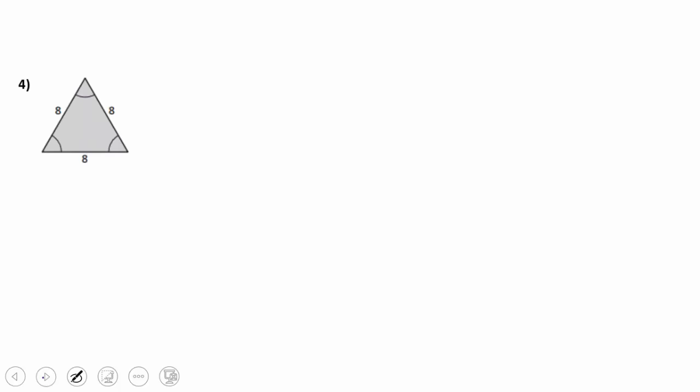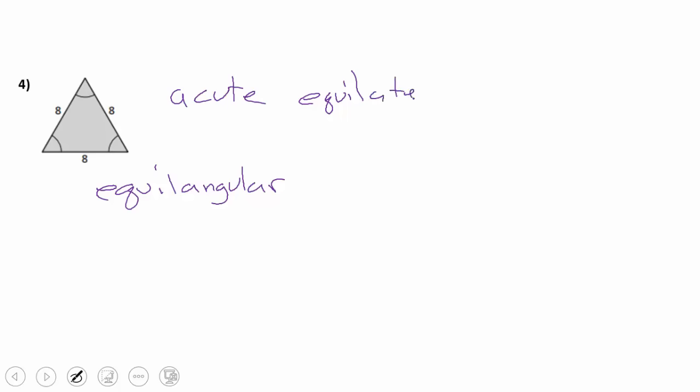All right? Moving right along. Here we have all 3 angles are the same. Now, you can do one of 2 things. I will accept acute, because if they're all the same, they have to be acute. The book wanted to call it equiangular, because all 3 are the same angle measure. Either one of those works. And then if all the sides are the same, it is equilateral.